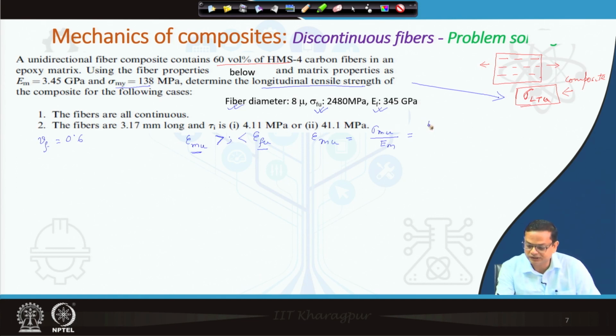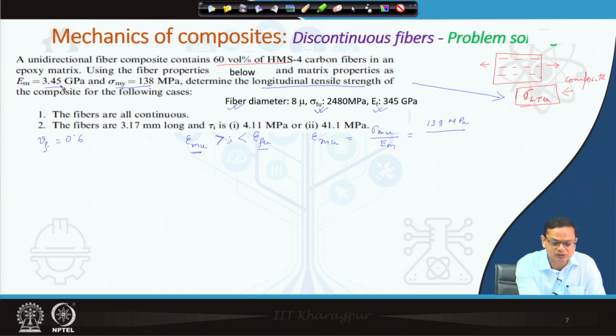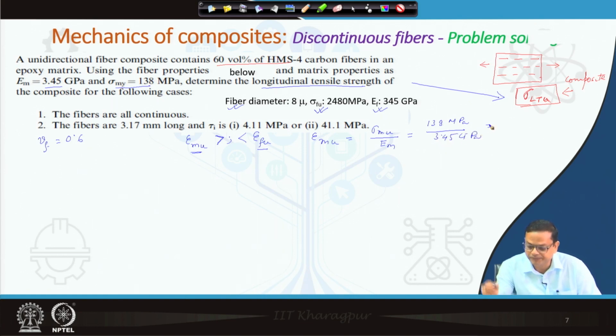That is 138 MPa over Em, which is 3.45 GPa, and ultimately from here you can calculate, but you have to take care of the units. So, the value of epsilon mu would be 0.04. You can calculate it and check, it will be 0.04.